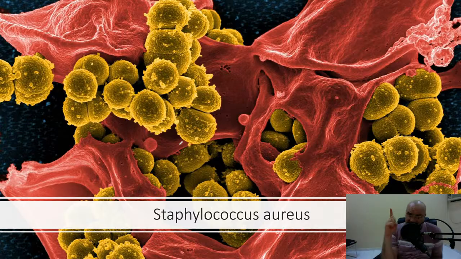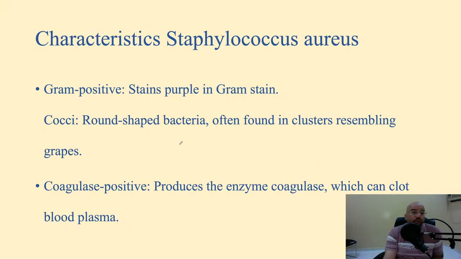So we talked about Staphylococcus epidermidis, Corynebacteria, and now the most dangerous one, Staphylococcus aureus. Staphylococcus aureus comes from the golden color, so that's why it's named this way. There are similarities with Staphylococcus epidermidis by the shape, because it's a staph, but it is more problematic for us.